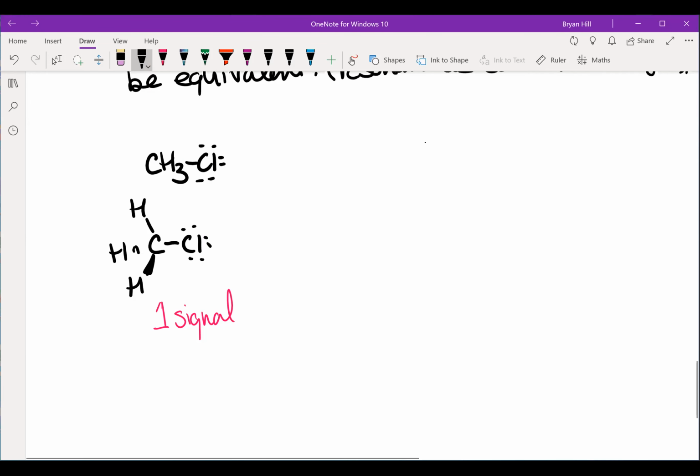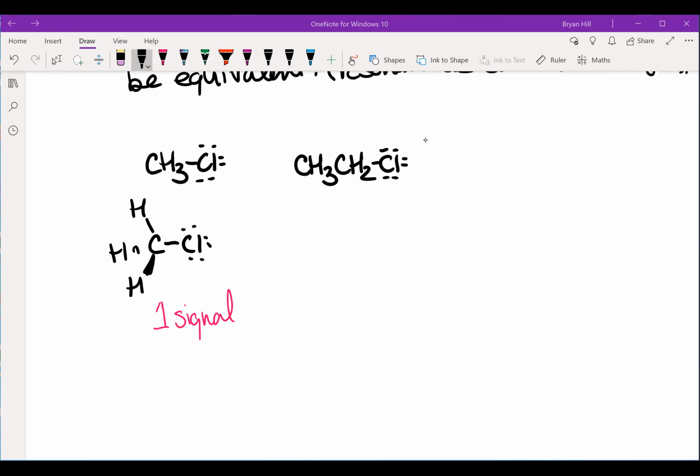Now, if we have, say, ethyl chloride, how many different signals should we see here? 2, right.